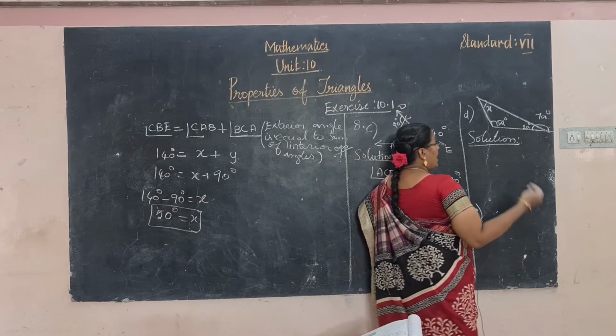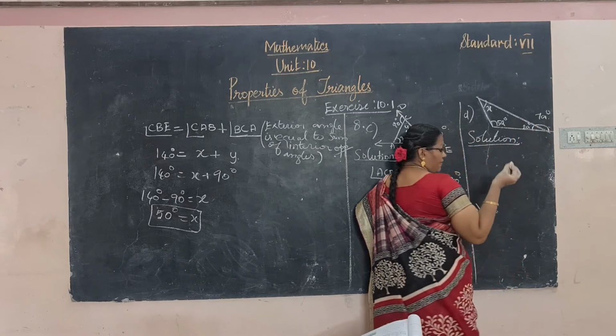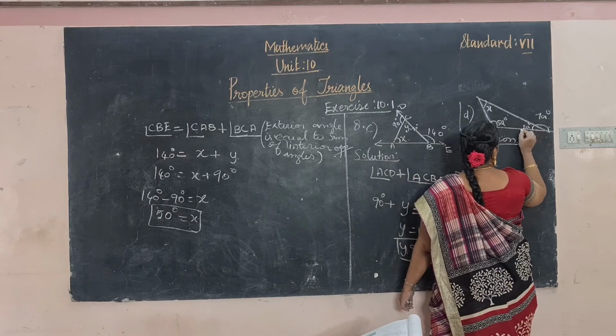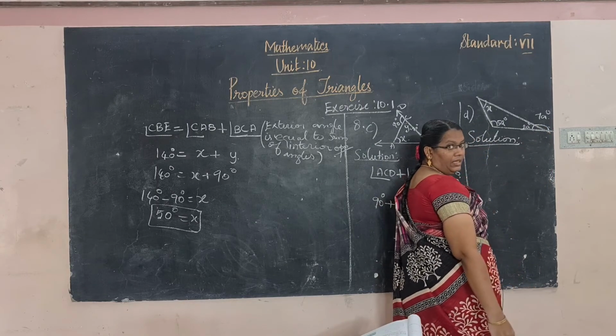So first we have to find any one of the angles. We find the value of angle A using the linear pair.